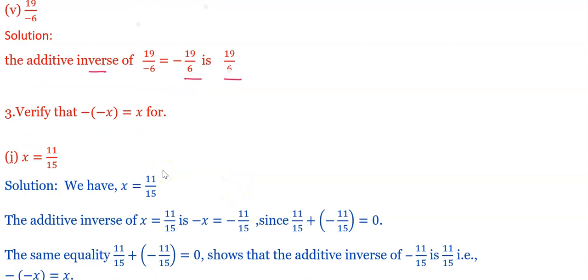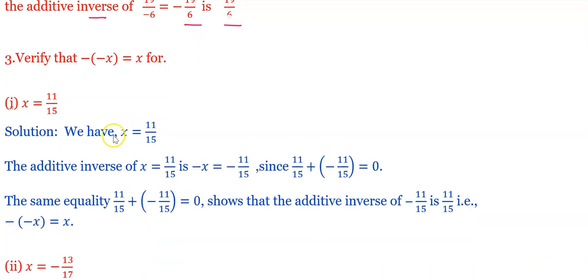Now next, verify that minus of minus x equals x. Okay, now the first, x is equal to 11 upon 15. If we take x equal to 11 upon 15, then what about minus x? Here we change the sign. Minus x is equal to minus 11 upon 15.